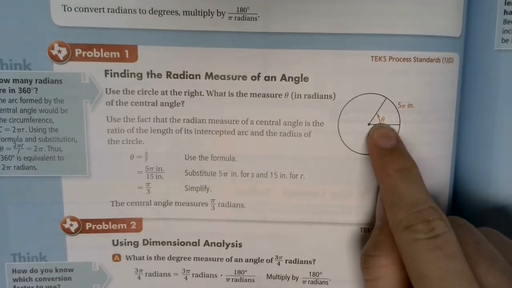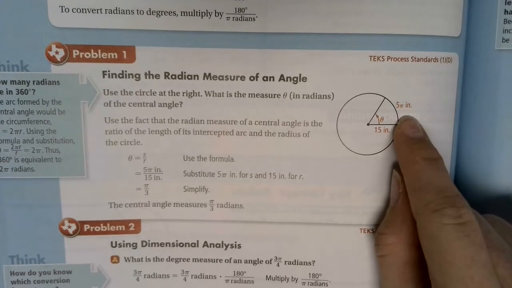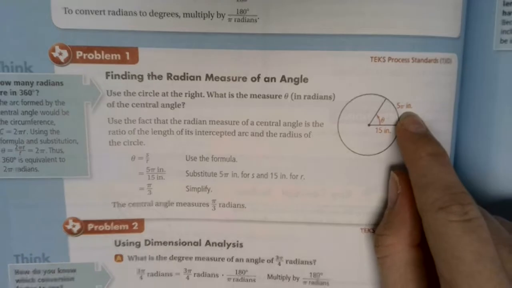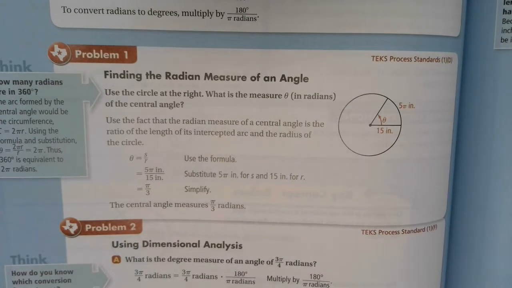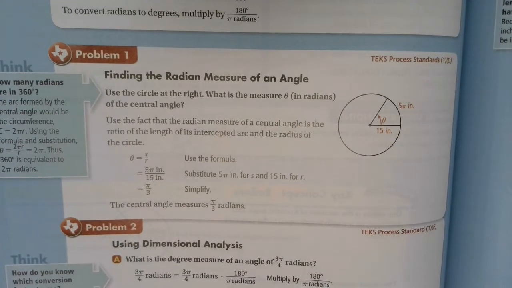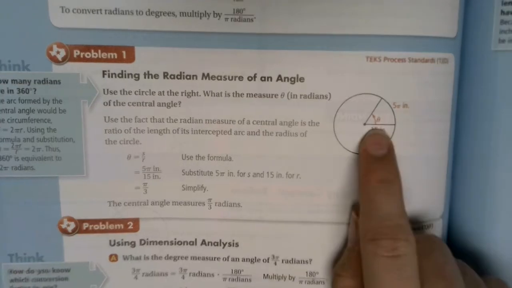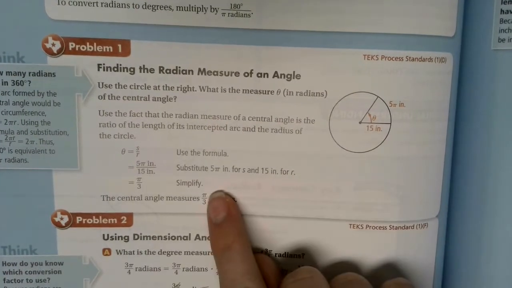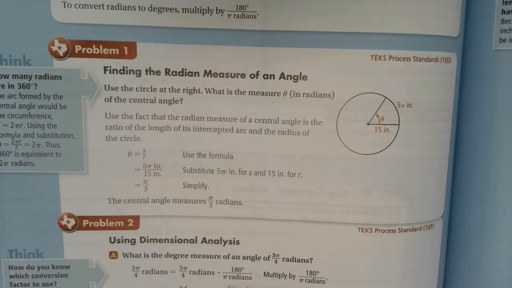So I just do arc length, and I know that's the length, not the measure, because it has units. Remember, measure is in degrees, and length is in units: inches, feet, miles, all those things. So I can say that this angle is pi over 3 radians, okay?